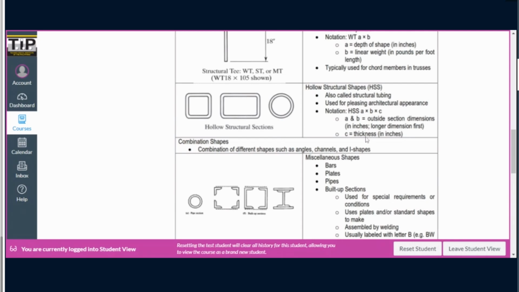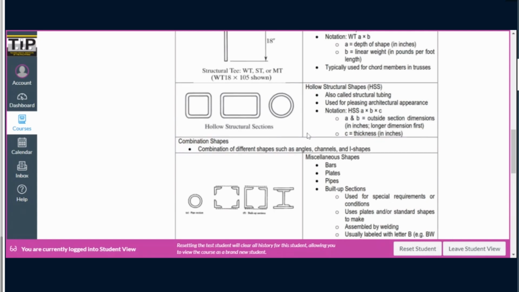Okay. For circular tubes, we denote them by their diameter and by their thickness. No? So that one is a bit different. No? But for rectangular or square sections, we use this one.